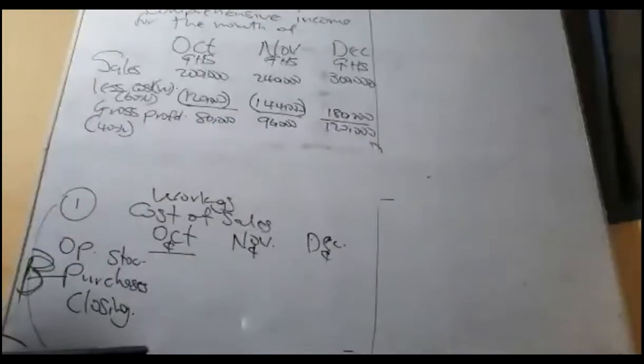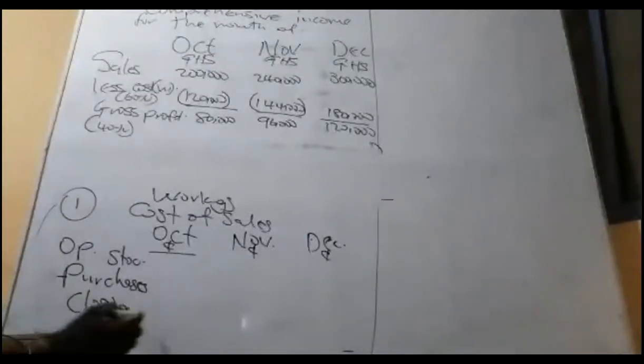Now, when you come here, because you already know the cost of sales, this purchasing figure here is missing, and you have to look for it. It's a must. So let's do the working to look for it. So purchases. When I sum all this one up, I'll get the cost of sales, and that one is given to us. So we can use that one to derive the purchases figure.